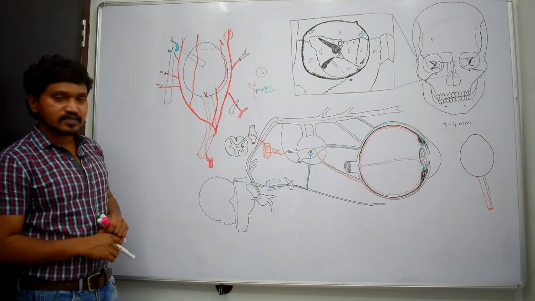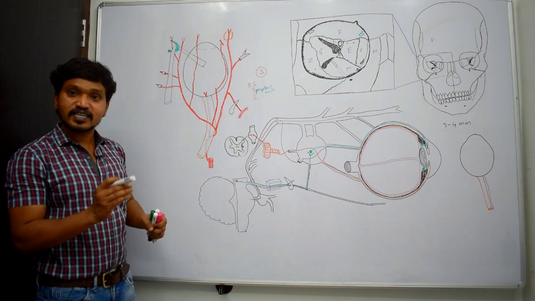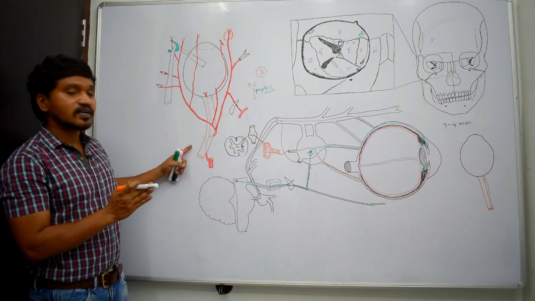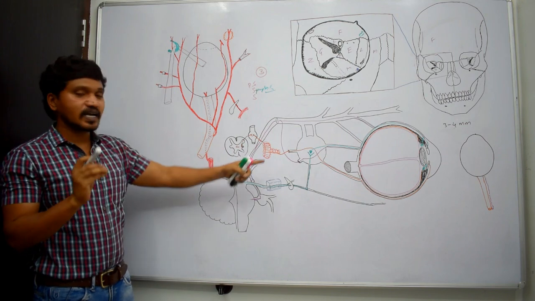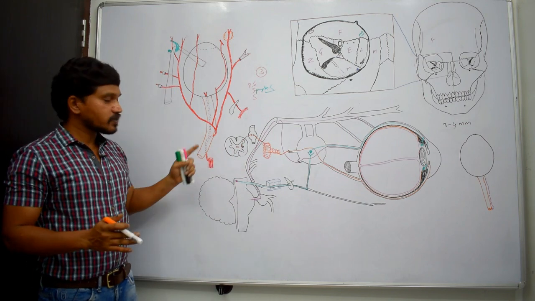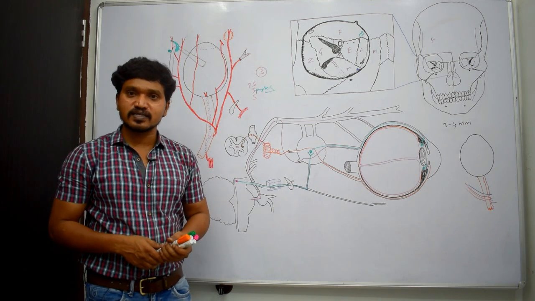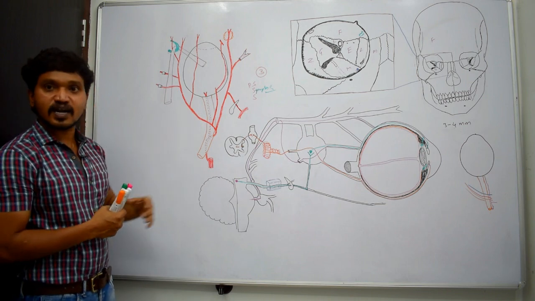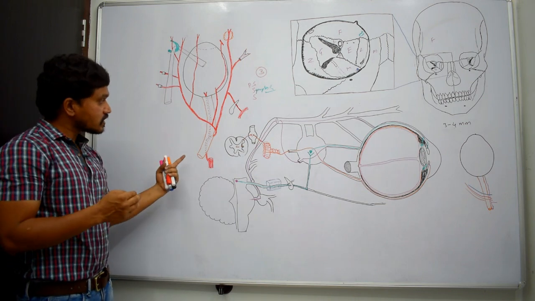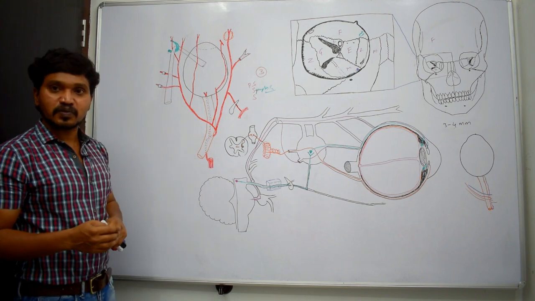Then any other relations are there that we have already discussed in the ciliary ganglion. The ciliary ganglion is present lateral to the optic nerve at the apex. That means the ciliary ganglion is present between the optic nerve and lateral rectus. Is it or not? Then any other relations? See, this is the central artery of the retina. The central artery of the retina is present inferior to the optic nerve, up to where?